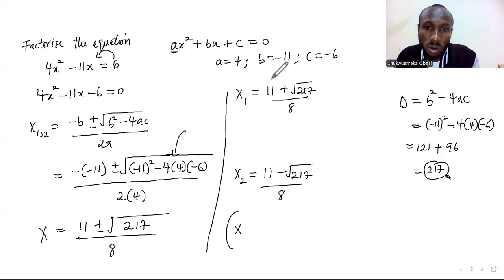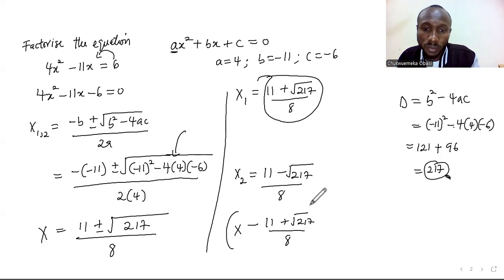X, now when this one comes over, it becomes negative 11, right? This is like a term, so just see them as a term, right? 11, when it comes here, it becomes negative 11 plus root 217 over 8, okay?